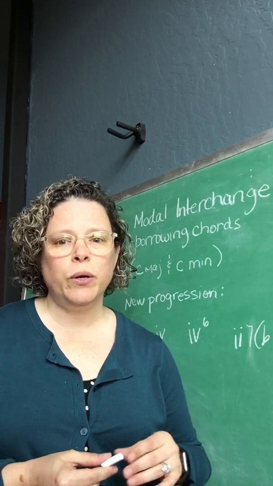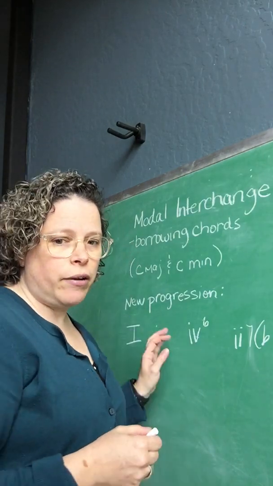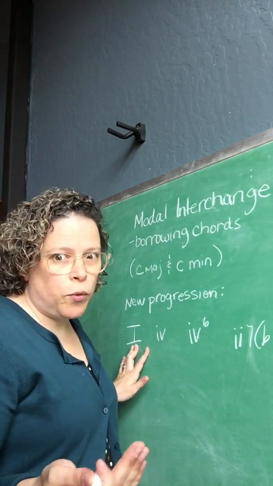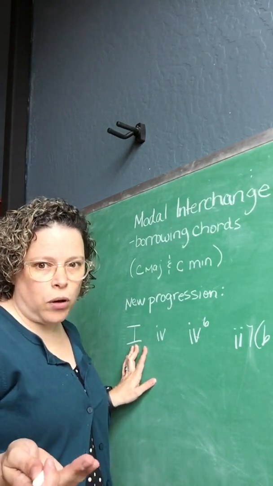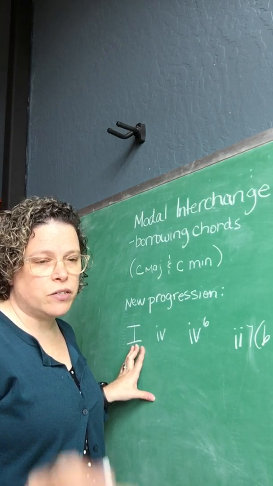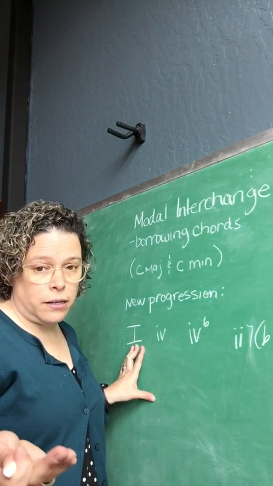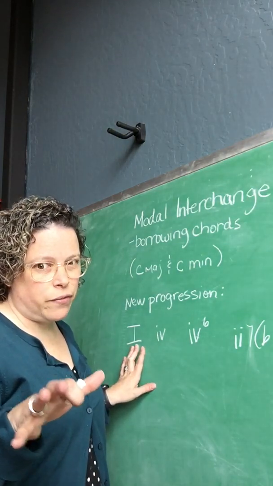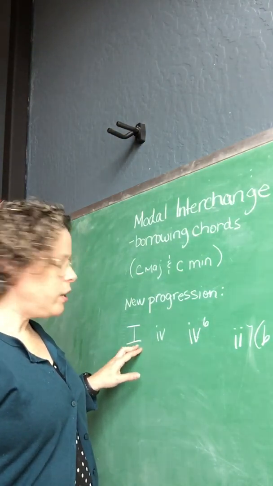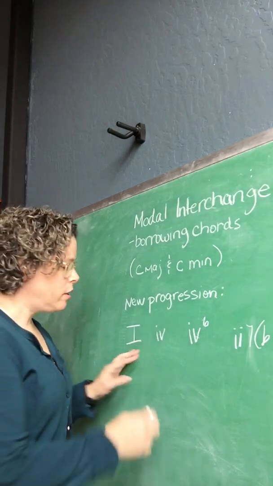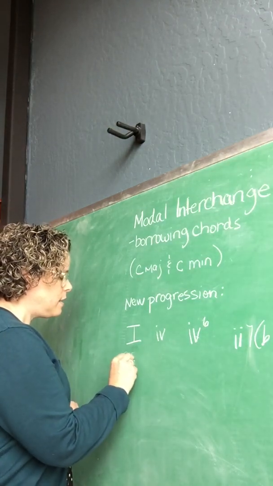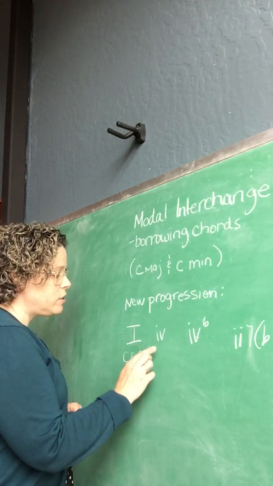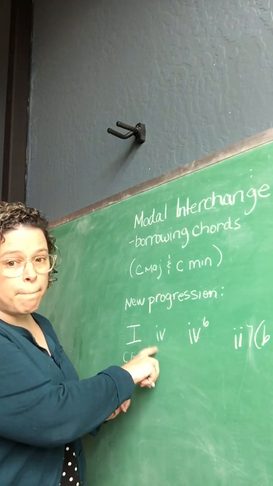So there's a progression we want to try, and I've got it written out here for you first. We start with a 1 chord, which is our typical normal progression. We always start on 1, and we've talked about the rules of theory. You're supposed to start and end on tonic or do. But you're going to see us kind of break that a little bit for this progression. After we go from our C chord, so that would be C, E, and G, we are then going to transition to a 4 minor chord.